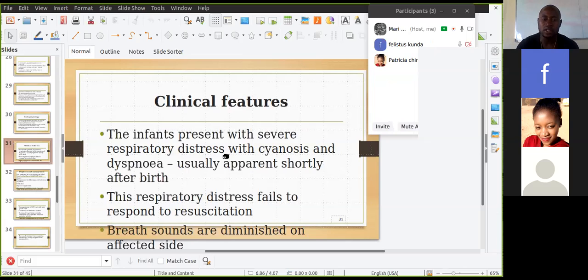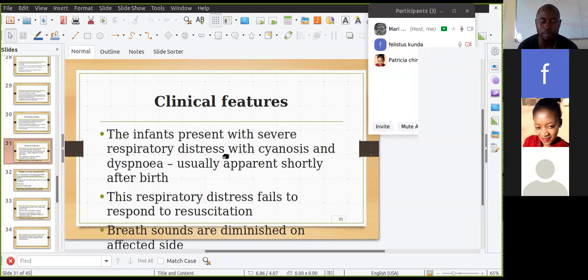The clinical presentation is that these infants present with severe respiratory distress. You may also find that they present with cyanosis and dyspnea, which usually appears shortly after birth. This is the type of respiratory distress which does not respond to resuscitation.